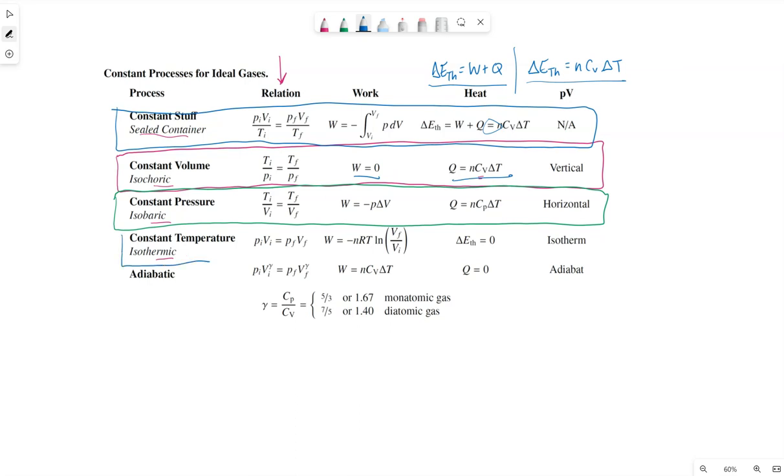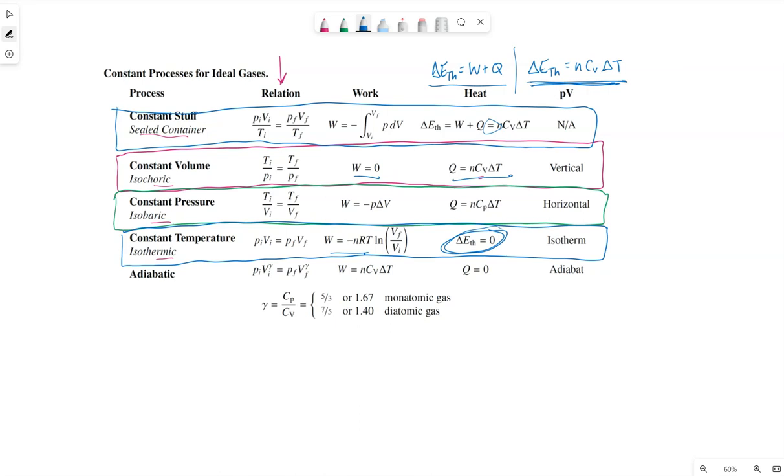Constant temperature, isothermal. Here's the result of the integral we just did. But notice, isothermal means delta E thermal is 0. Again, that's because delta E thermal is always directly related to the temperature.